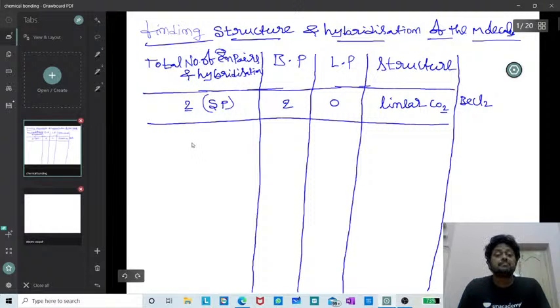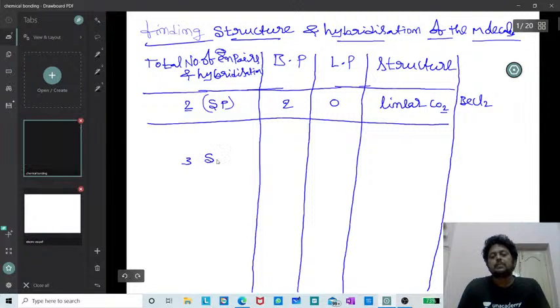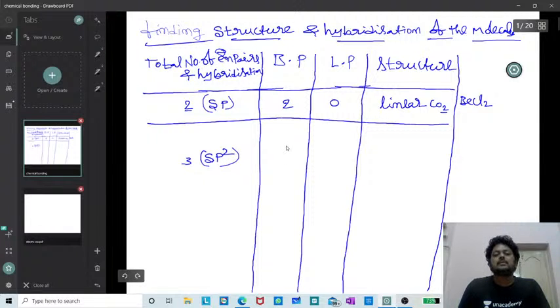Next, total number of electron pairs 3 means sp2 hybridization, because 3 hybrid orbitals. Bond pairs 3, lone pairs 0, shape is trigonal planar.